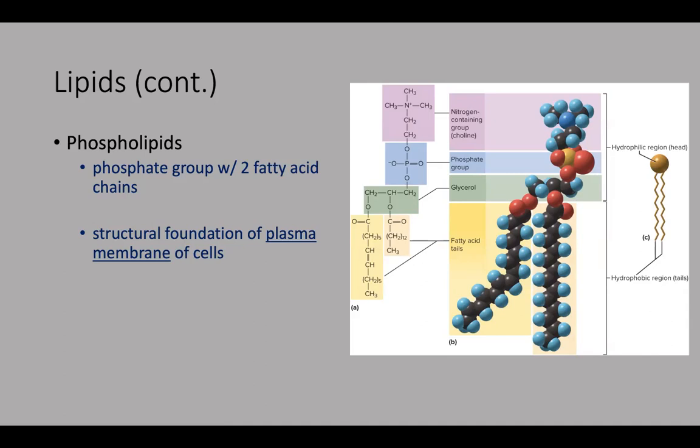So here you can see the phosphate, the P plus 4 oxygens. That's one of the functional groups you need to know. Glycerol, and then 2 chains of fatty acids. We'll talk about phospholipids in the next chapter when we get into more details about the cells.